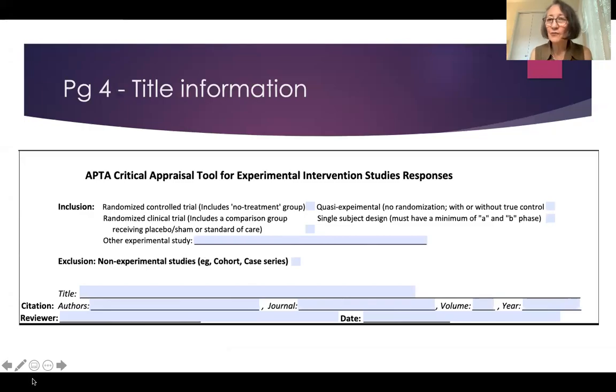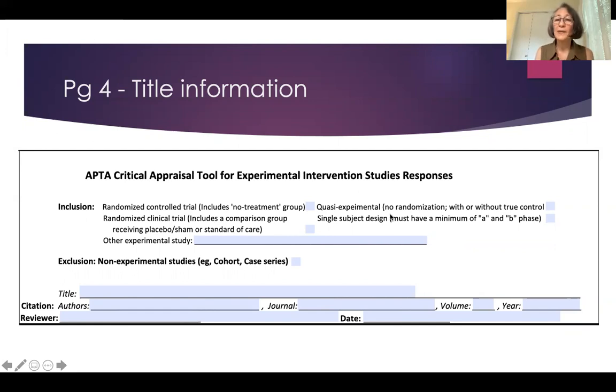So at the top of page 4, this is the critical appraisal tool for experimental intervention and a place for your responses. At the very top, you can circle why you included this particular study in a cluster of studies that you might be reviewing. So is this a randomized controlled trial or a trial with a comparison group?